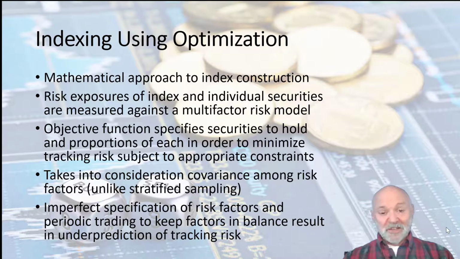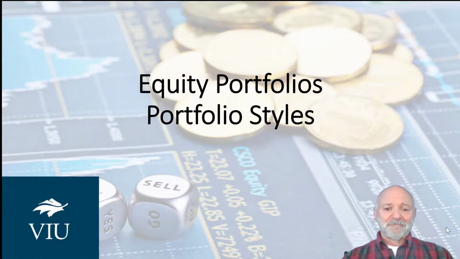And it also takes into account the relative risk of different types of factors so that the covariance will also be taken into consideration. There may be imperfect specification of risk factors and misunderstanding, and we have measurement problems with some of these risk factors, and so that may result in some remaining or residual tracking risk. And that'll take us on to the next section.